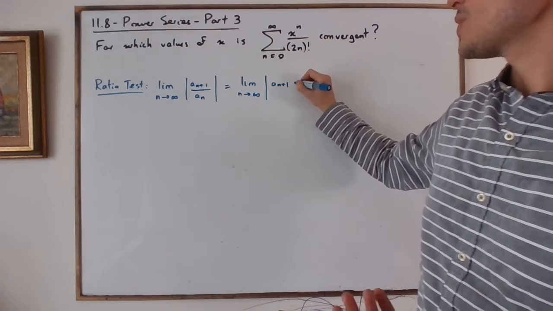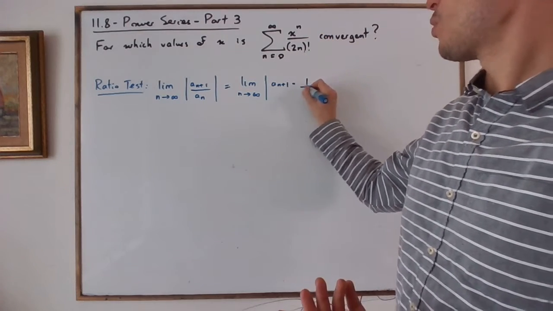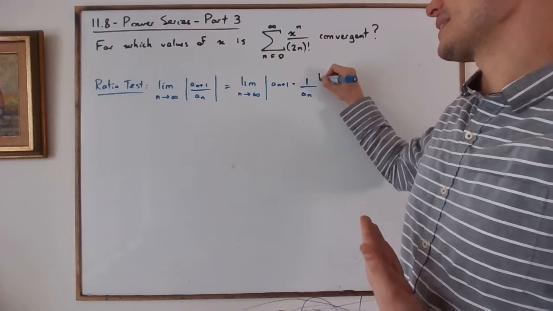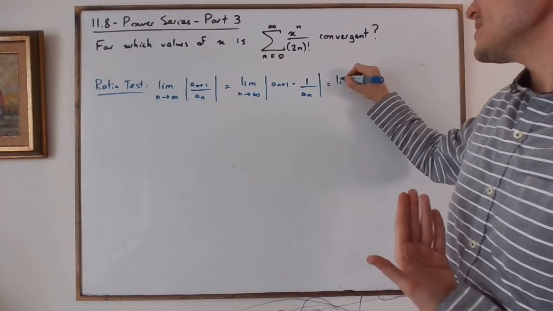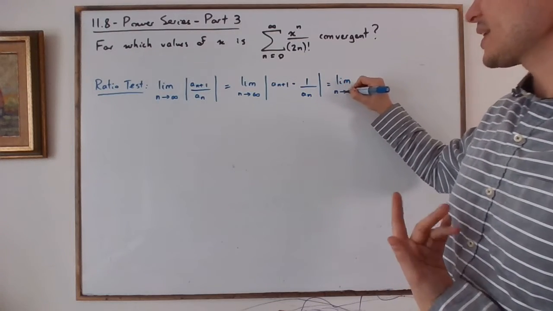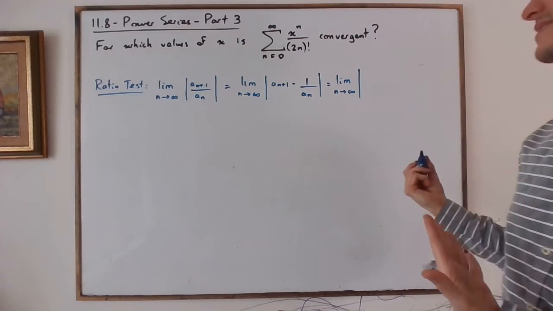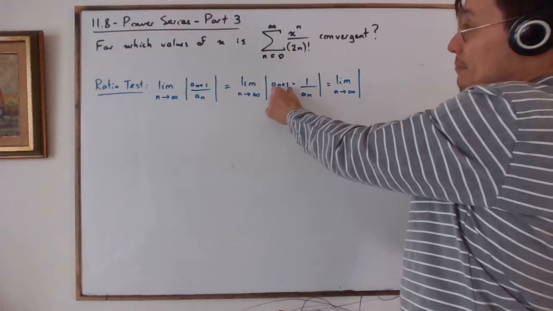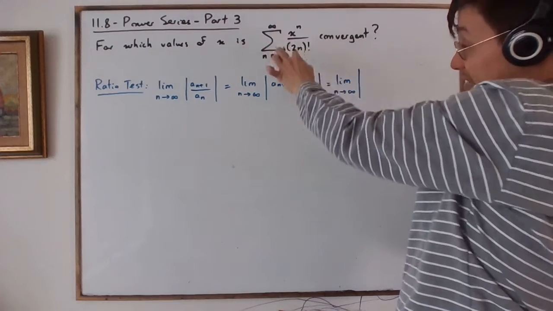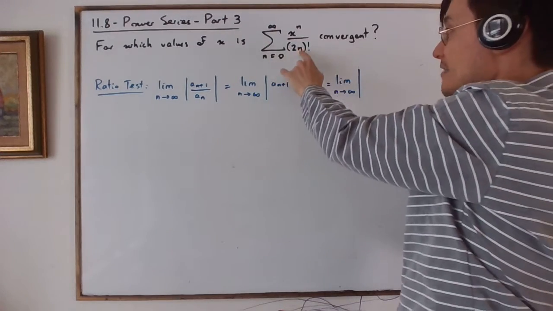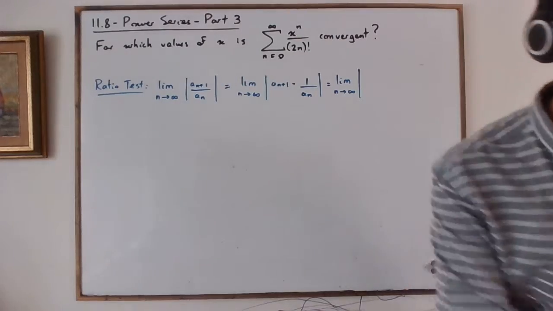Why do I say this? It's just because it makes the display much easier. So a_{n+1}, what is that? It's exactly this, but instead of n, you write n plus 1.